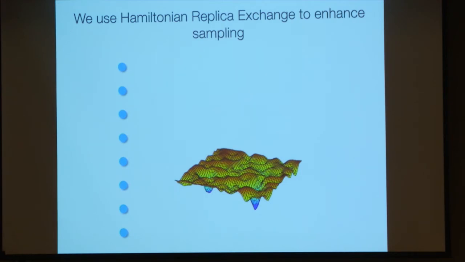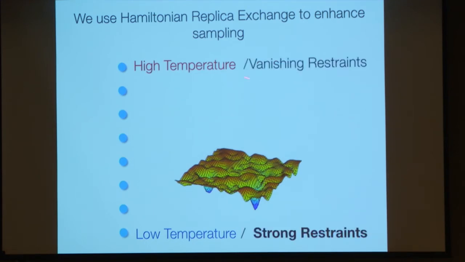So in Blue Waters, we have the same simulation multiple times, and in each of those simulations, we run slightly different conditions. And every now and then, we allow the conditions to swap under certain probabilities. So effectively, in some of the replicas, we're running at high temperature, and we are not imposing the data, whereas in some others, we are imposing the data very strongly, and we're using low temperature.